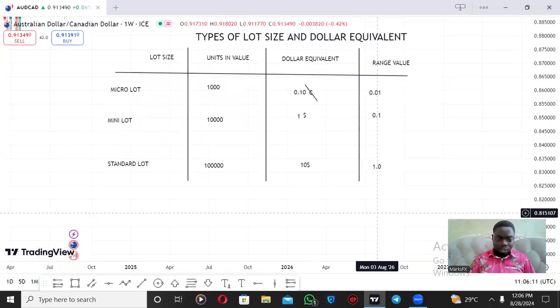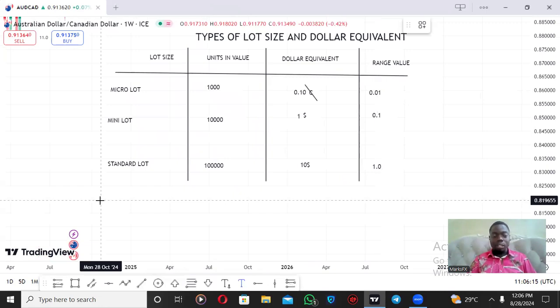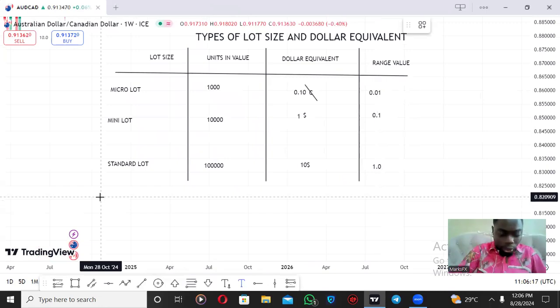The formula for that is this. To calculate how much you are going to lose and get, I'll call it gain.